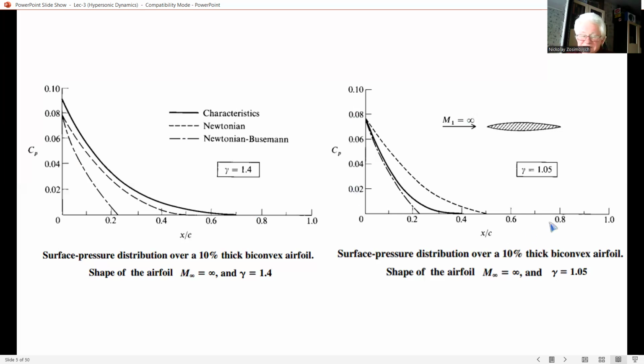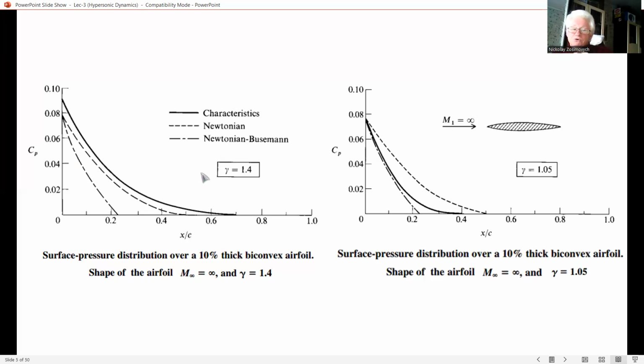However, this right figure is for gamma equals 1.05, very small. And clearly, the Newtonian-Busemann theory gives much closer agreement with the exact method of characteristics than does the straight Newtonian. And this is in direct contrast with the result we see for gamma classically 1.4.